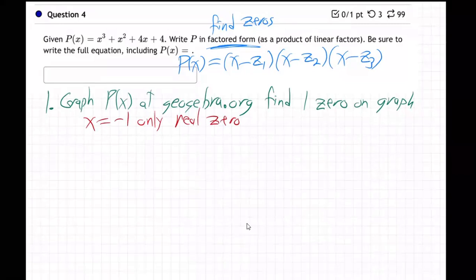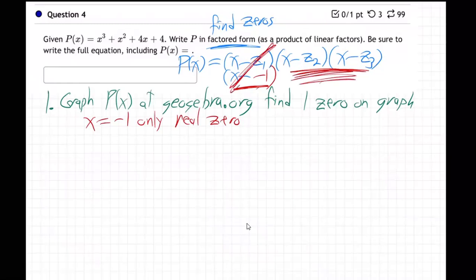Because you know one thing that divides in. We know one of these things automatically is x minus -1. That's the first zero. So if we divide by x minus -1, we'll find an expression for the other two. So that's why we do synthetic division next. We divide out this term so we can get the other two. That's why synthetic division works. Okay, let's do it.